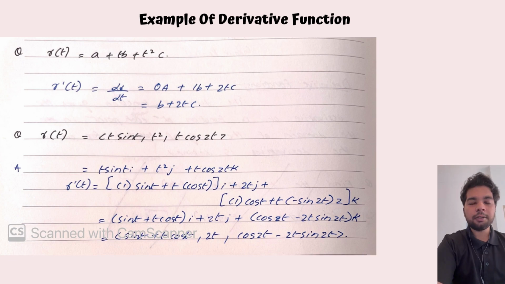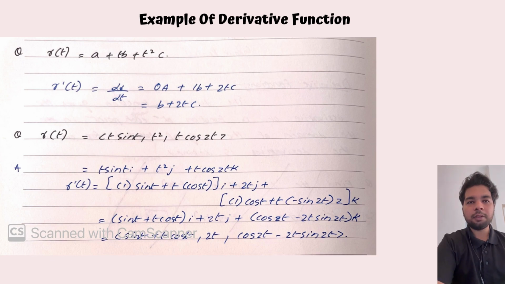with sin t is 1, sin t plus t. Now the derivative for sin t is cos t, so that's it for i. Now let's solve for the j, plus 2t, plus for the last function k is cos, where t is 1, cos 2t plus for the derivative of cos is minus sin 2t and 2.